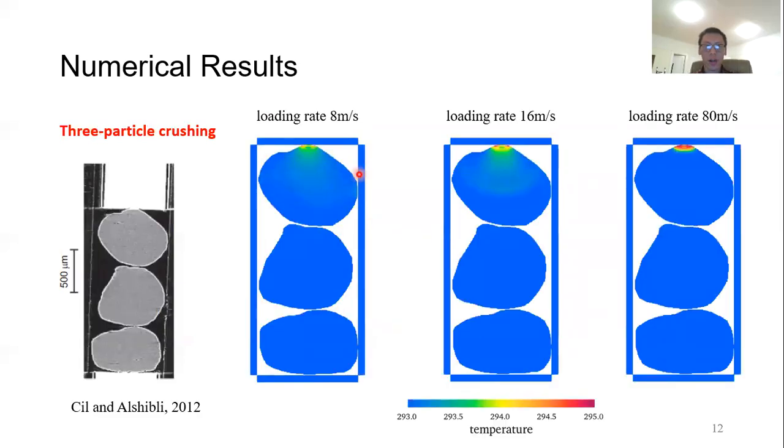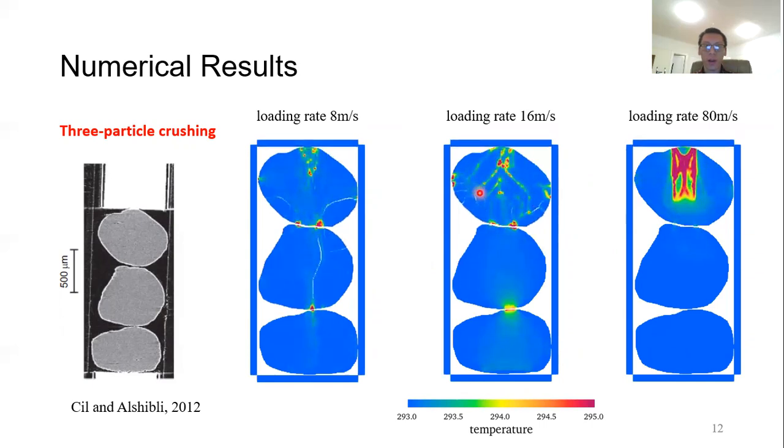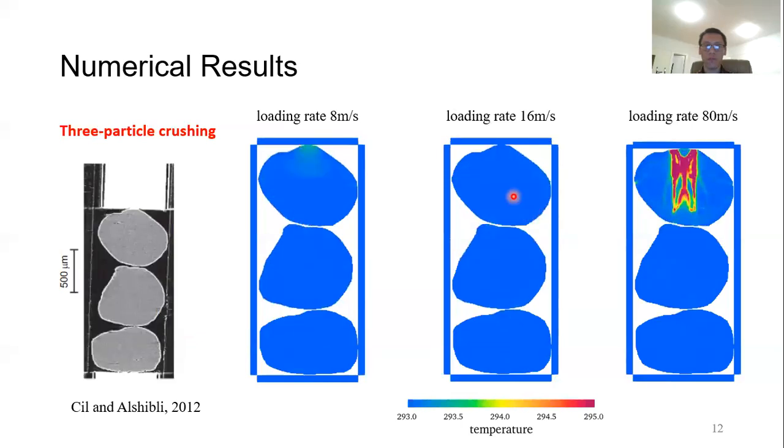We plot the temperature as the main result, and it is a good indicator of wave propagation. Also, it indicates the fracture pattern or crack pattern, because the concentration of temperature increase is at the locations where we have intensive post-fracture contact. So it mainly concentrates around those cracks.